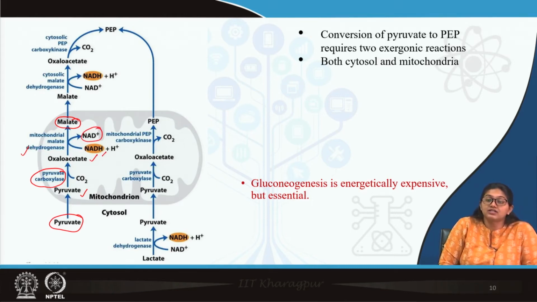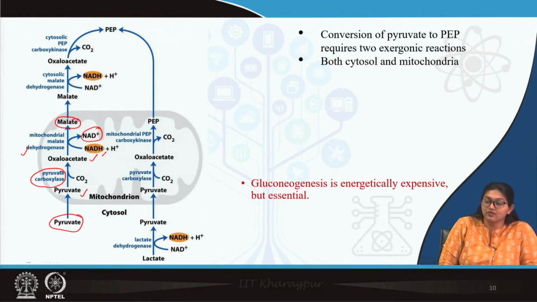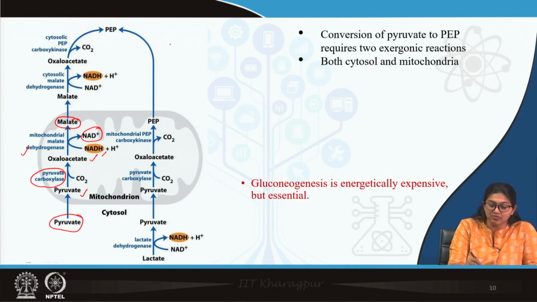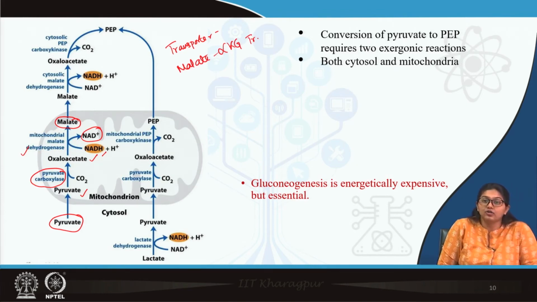Next, malate, with the help of one specific transporter, the malate alpha ketoglutarate transporter, which we will discuss in the malate aspartate shuttle, goes outside the mitochondrial matrix and reaches the cytosol.